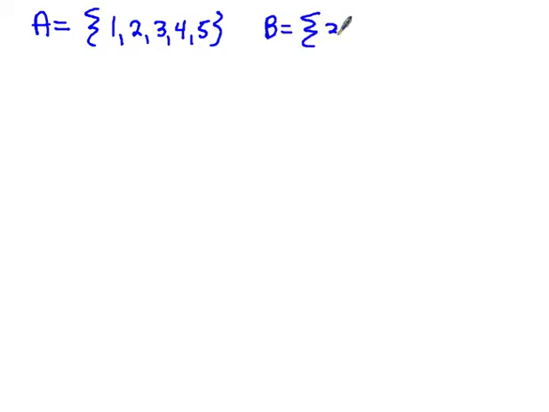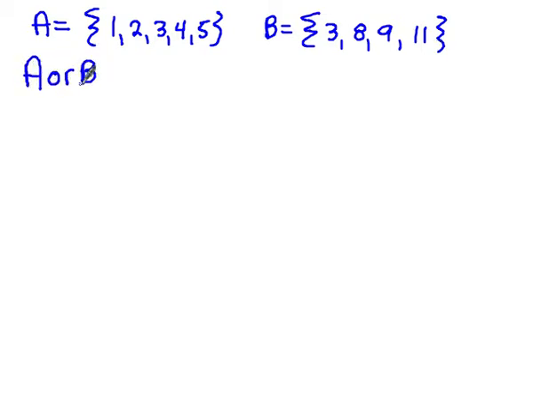The way that they do this in the homework is they give you a set of numbers. So I'm just going to say set A is 1, 2, 3, 4, 5. And then I'm going to put B as the set 3, 8, 9, and 11. Couple of ways to say that.